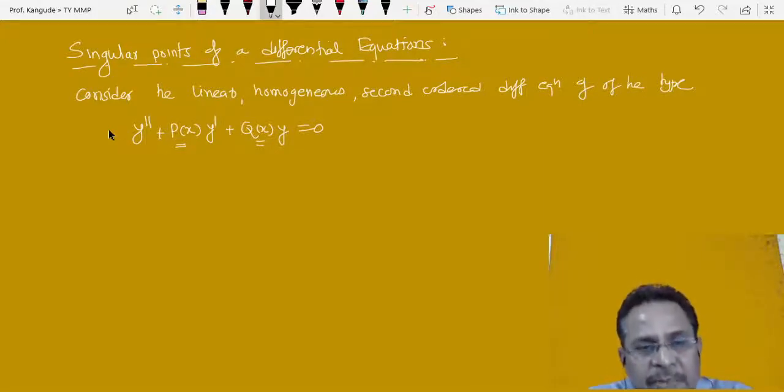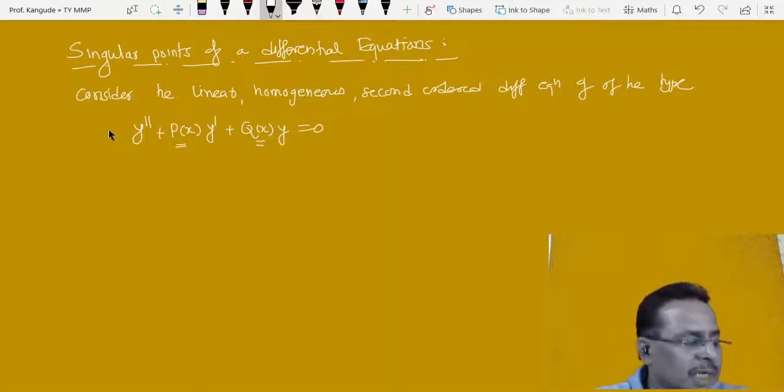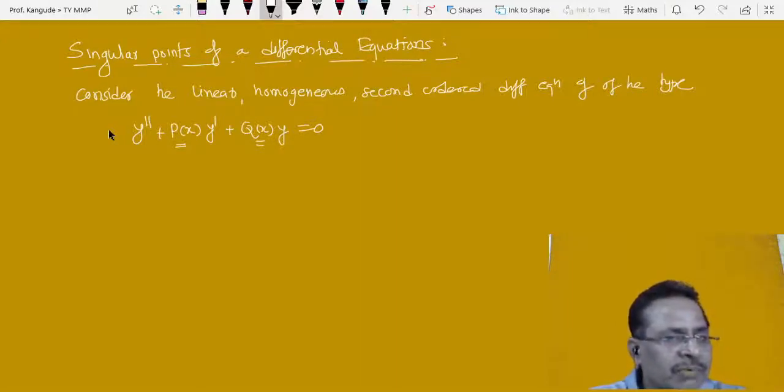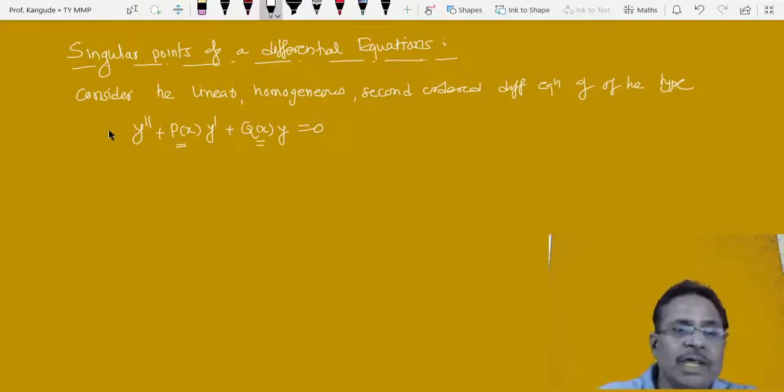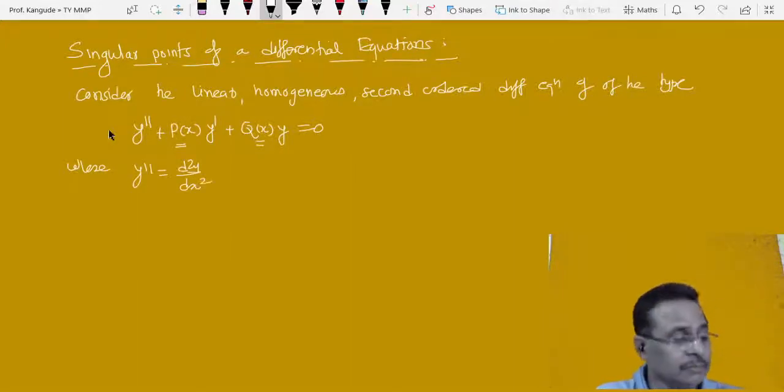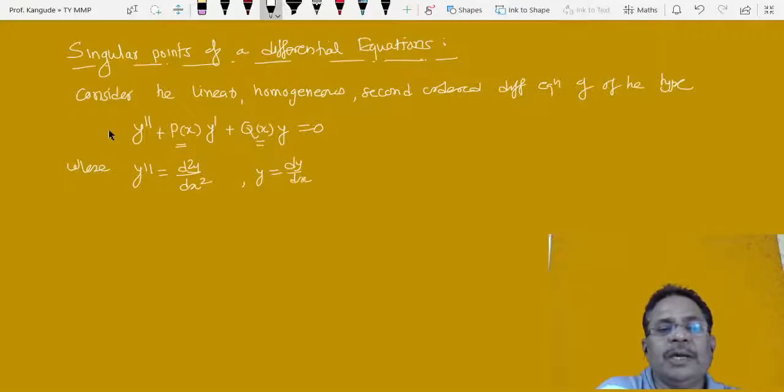So x is the independent variable, y is the dependent variable, and this second order linear homogeneous differential equation is the one whose singularity we have to discuss. Here y double dash is d square y upon dx square, and y dash is nothing but the first differential dy by dx.